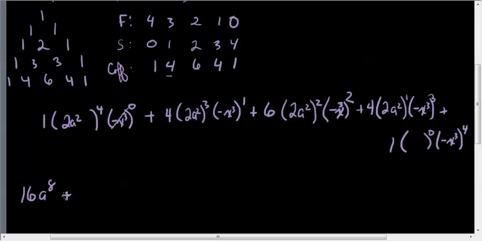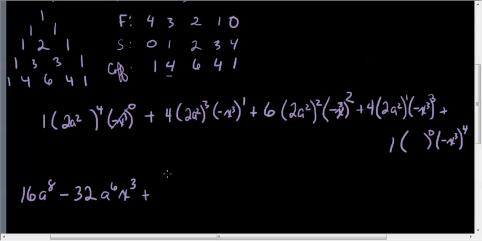There it is. Times negative 1 is going to make this minus 32. Let's see, that's 8. So a squared cubed would be a to the 6th, x cubed. So that term is minus 32 a to the 6th x cubed.